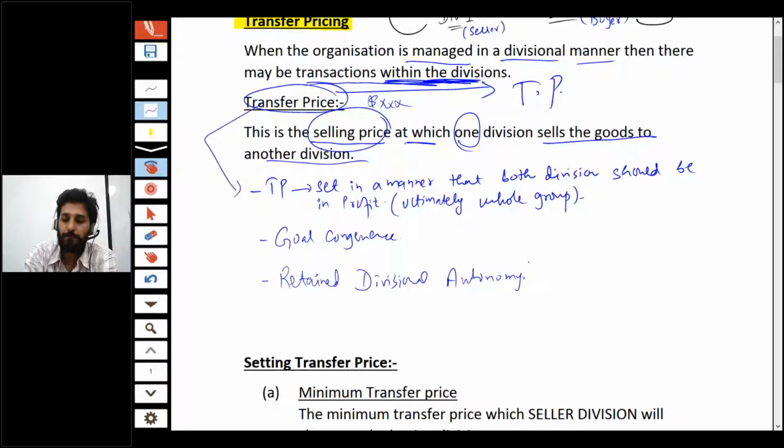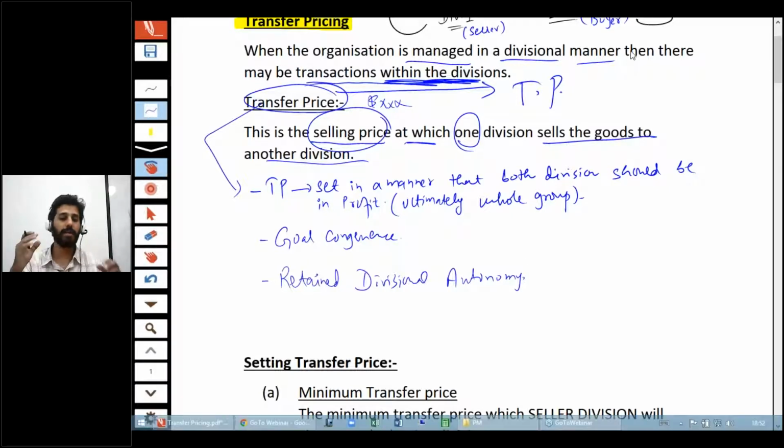So while you are setting the transfer price, you should consider both divisions in mind, the seller division and the buyer division as well. And if both the divisions will be in profit, ultimately the whole group. Imagine you and me belong to the same group. We are in the same family.